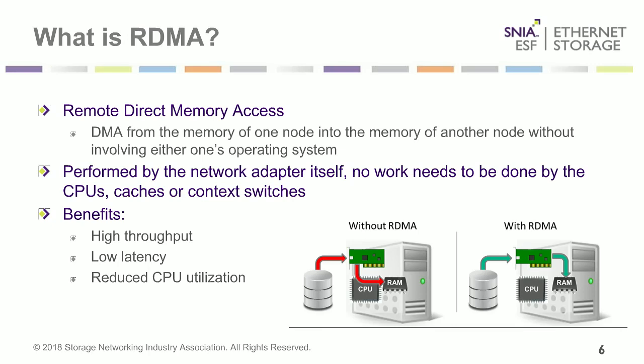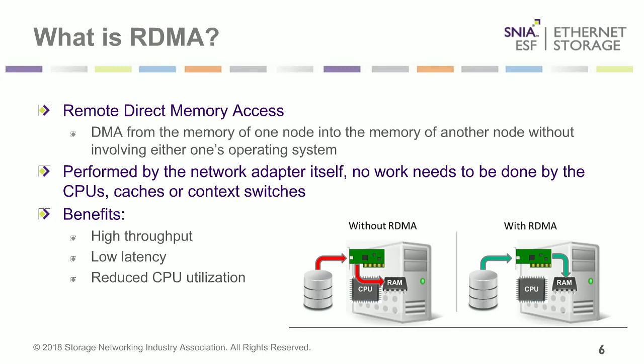RDMA is performed by the network adapter, so it's offloaded to the network adapter hardware, and therefore no work needs to be done by the CPU. You don't have to copy the data and make extra copies in the caches or at the kernel level, and you don't have so many context switches that would slow down or bother the CPU.